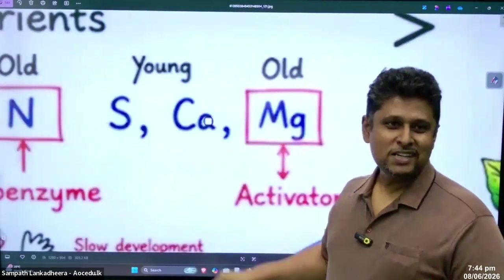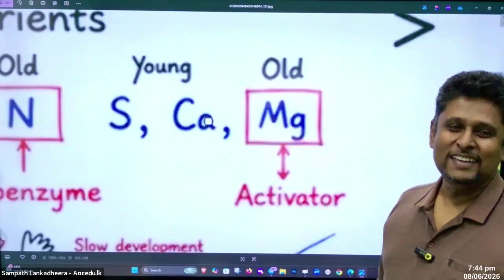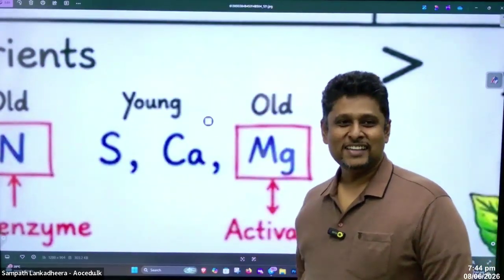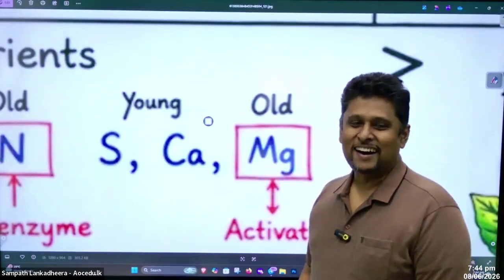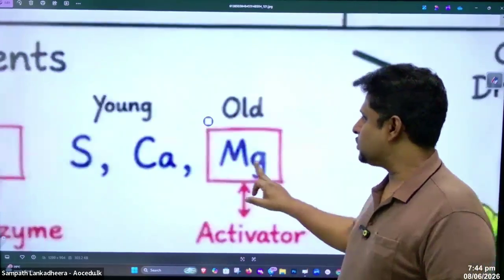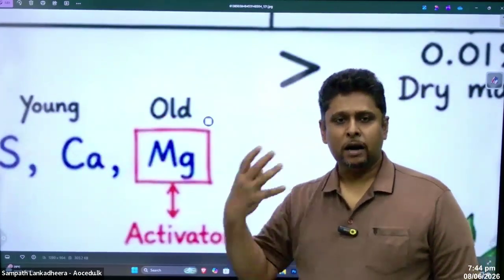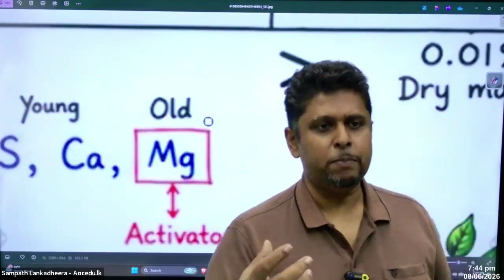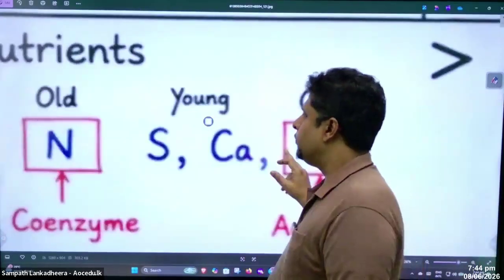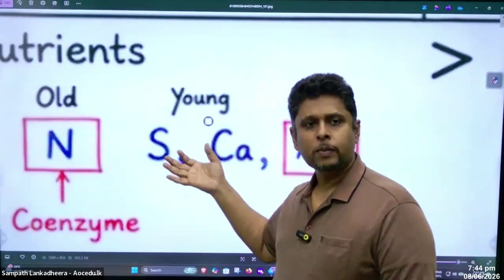Magnesium is also, people, normal. Now, if macronutrient deficiency appears in the mature old plant part, that's normal. But this is unusual.